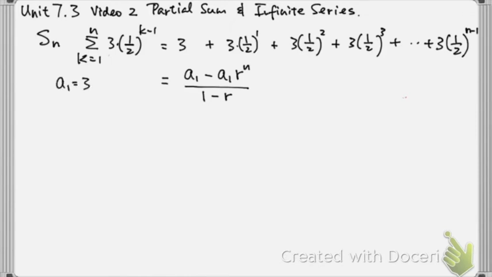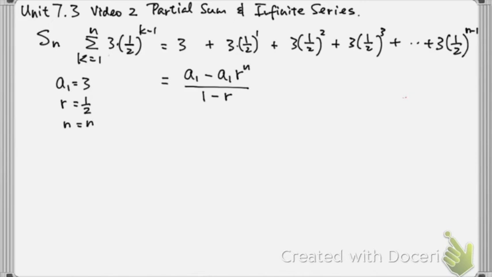That's the first term. r is the common factor, so r is 1/2 in this case, because each term multiplies the previous one by 1/2. And n is just n. So we're going to express it in terms of n.